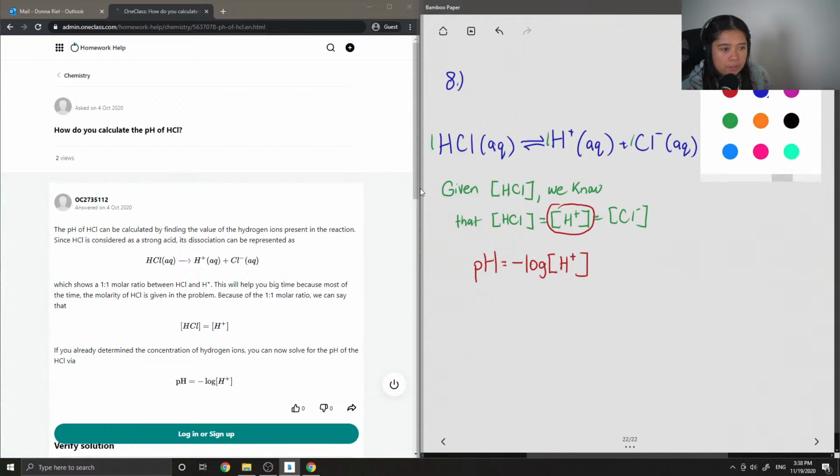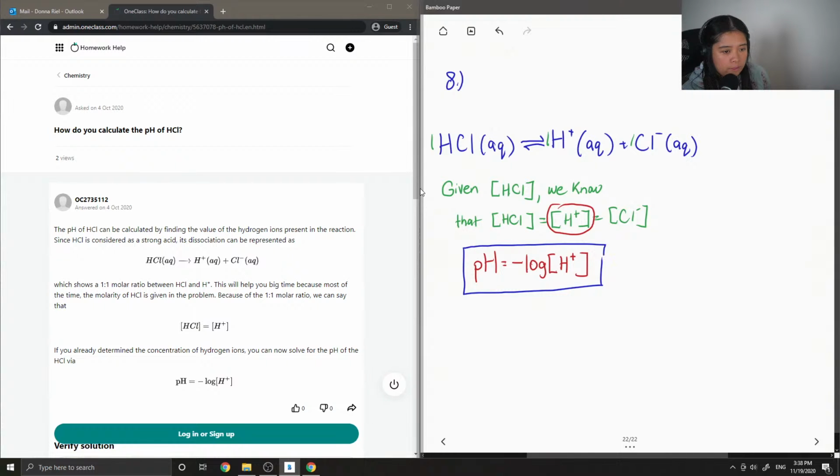So if we know the concentration of HCl, we also know the concentration of the proton, and then we can calculate pH by taking the negative log of the concentration of the proton.